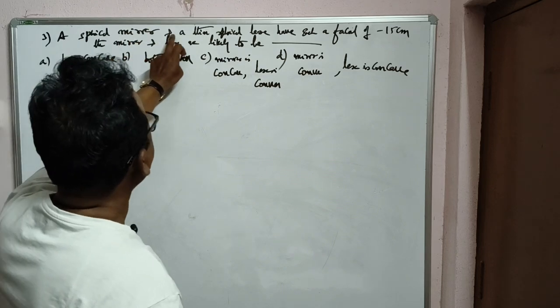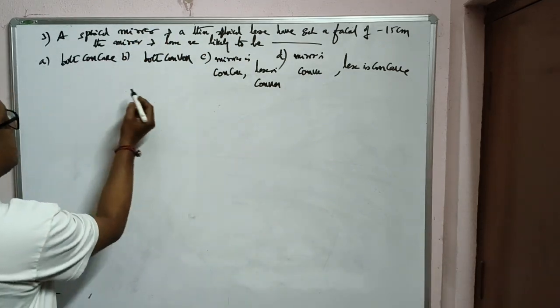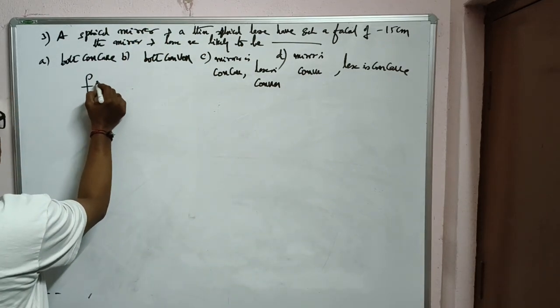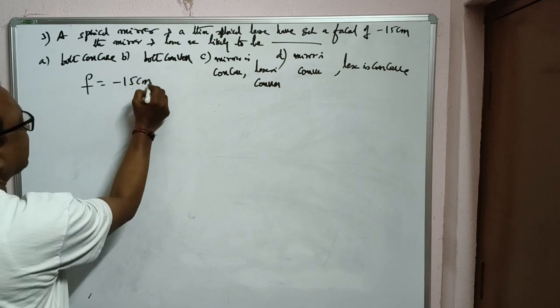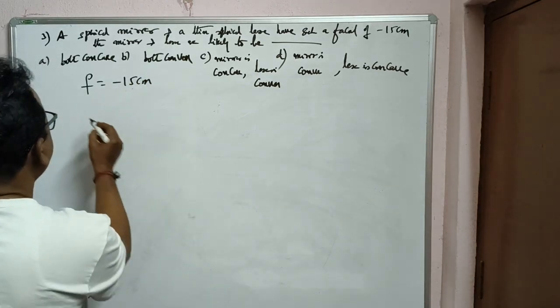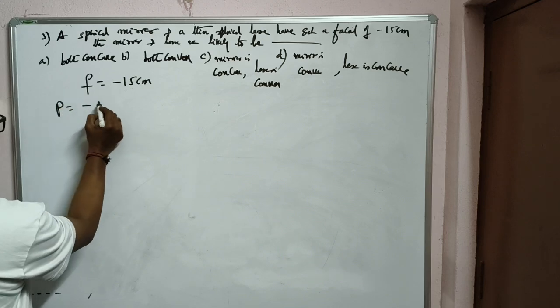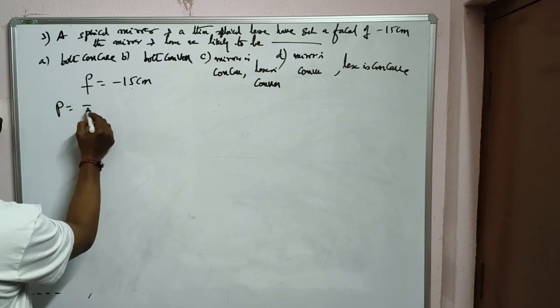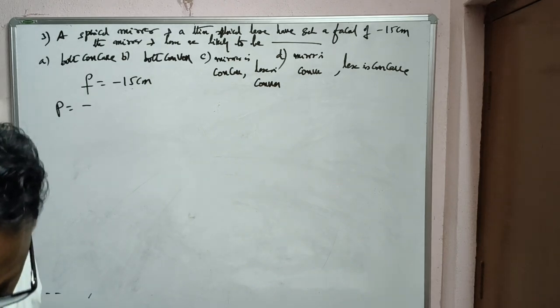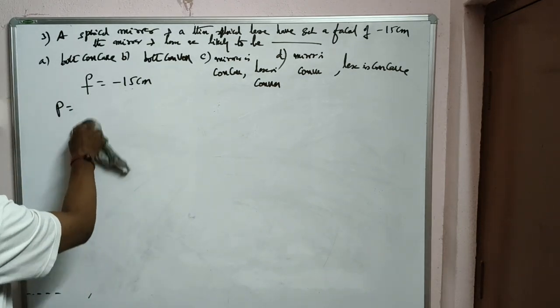See, it is saying a spherical mirror and a thin spherical lens has a focal length of minus 15 centimeters. So for this, we already know power is equal to 1 by F. We have the formula, you can apply both and check it.